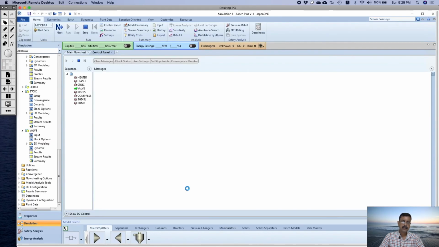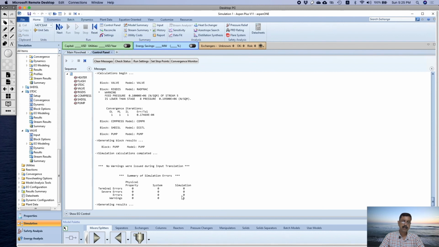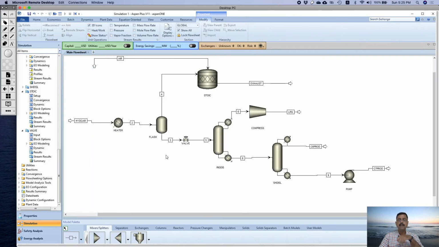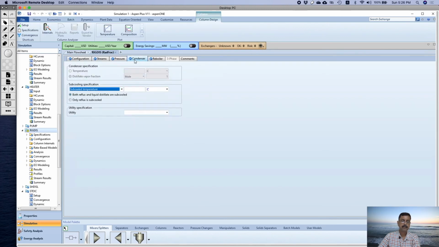and here we have got the first warning of our simulation. Please note the warning. Okay, this is the first warning for the simulation. Let us examine why we are getting this warning. Here we are having 1 bar pressure. What is the condenser pressure of this? Check. The condenser pressure is 1.95 bar.